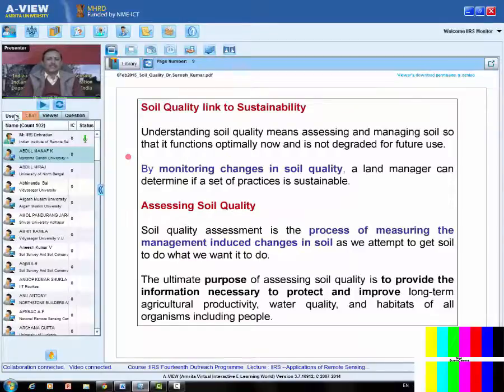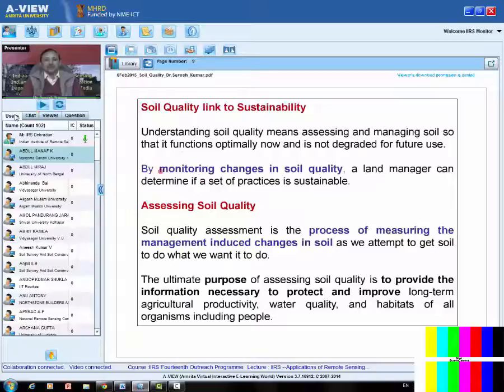Will it remain sustainable for the future? If we want to study that, we have to study its soil quality. If soil quality is improving, then you can say it is related to sustainability, and this land use system will remain sustainable in future also. Otherwise, if soil quality is poor, you can say this land use system is not sustainable.